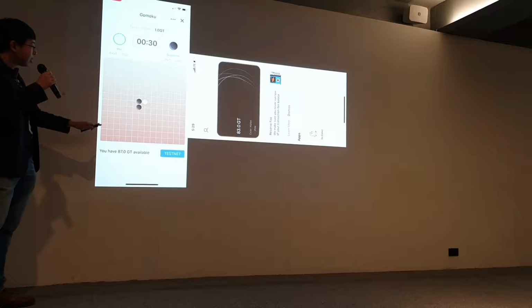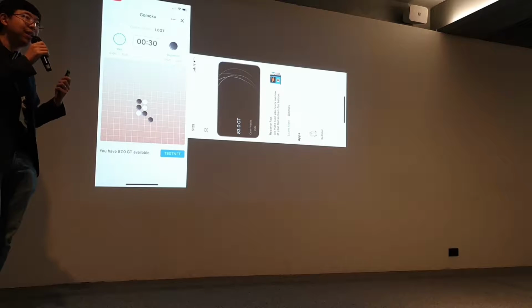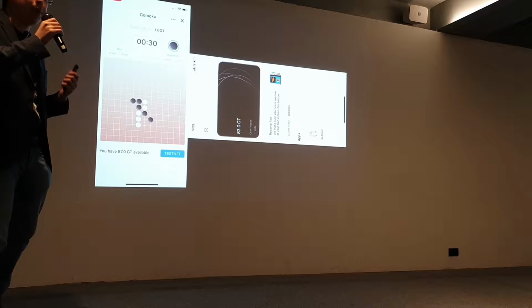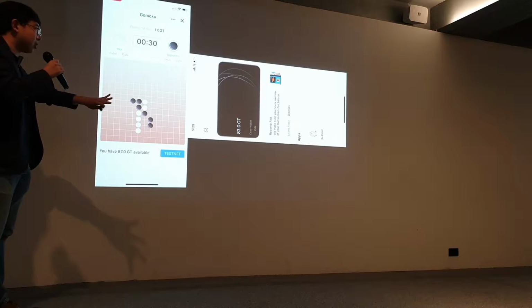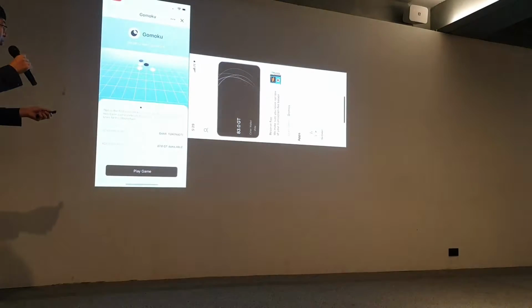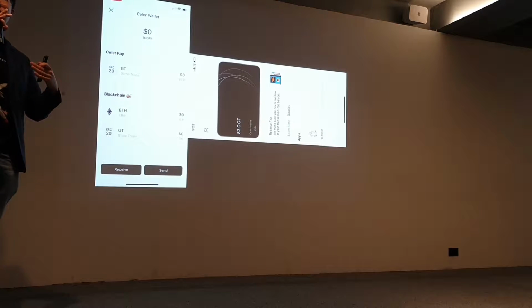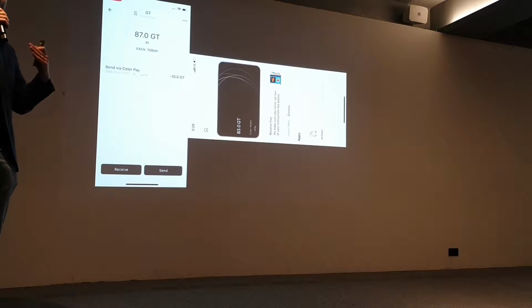Note that in the beginning of the game, what happens really is that you send each other a conditional payment off-chain. This entire application has no server; it's fully decentralized. In the beginning you send each other a conditional payment, and that conditional payment depends on the result of the game.